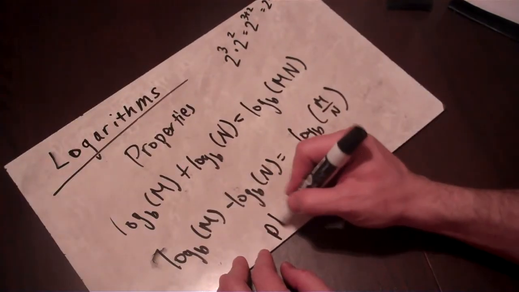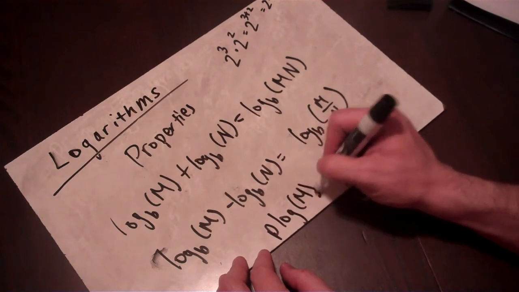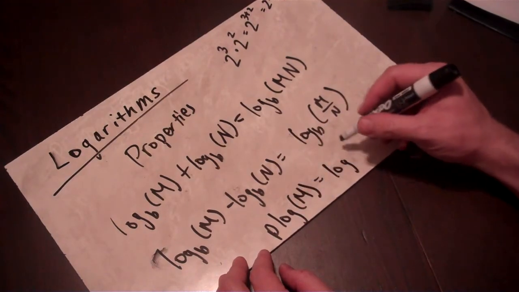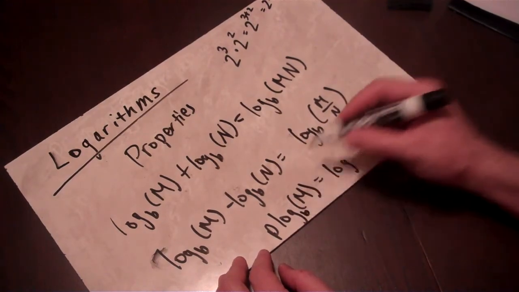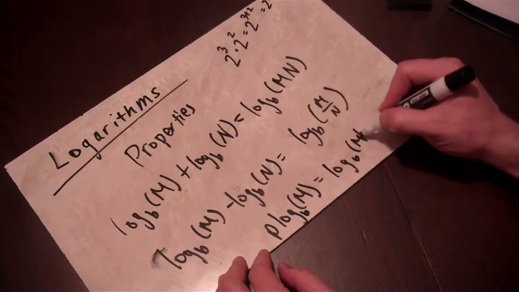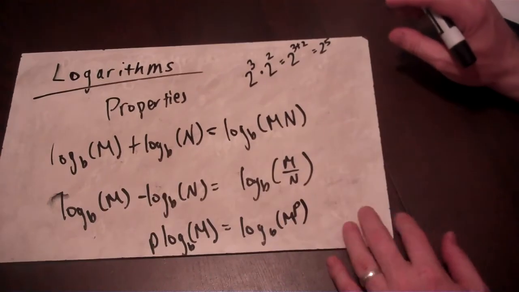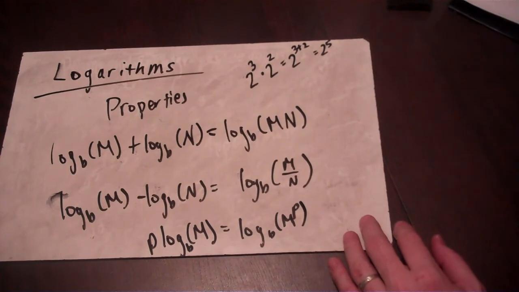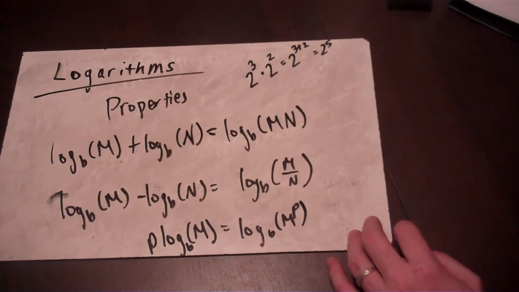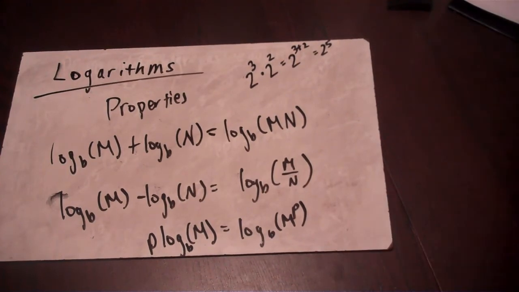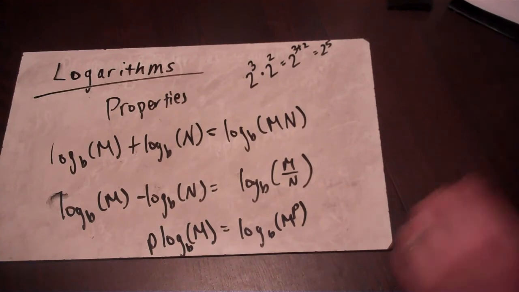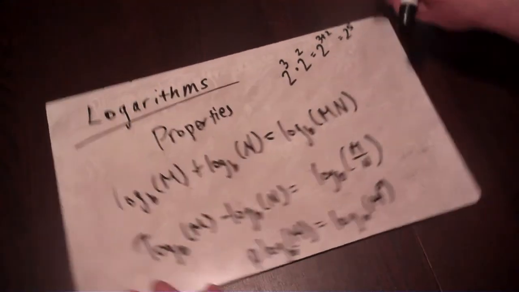And finally, if you have p times the log of m, this is equal to the log of m to the p. So these are some properties that you can use. Now you might be wondering how you can use them. If somebody told you some information about a logarithm, then you could actually make some approximations. So let me show you how we can use these properties.